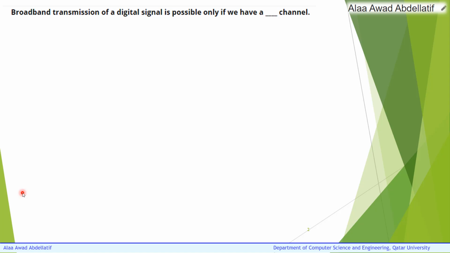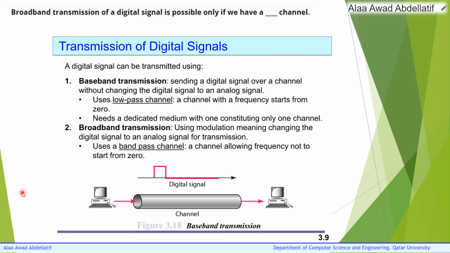In baseband, we send in a low-pass channel, low frequency, and in broadband transmission, we use a band-pass channel, or higher frequency.